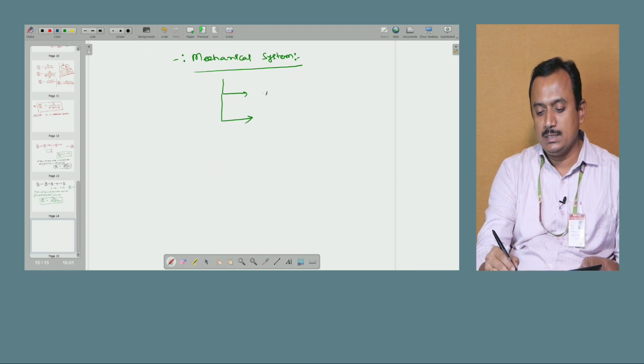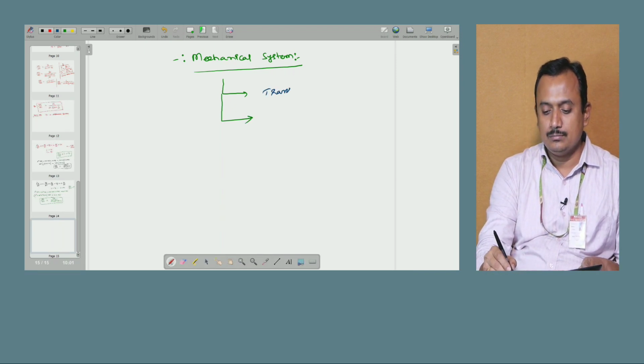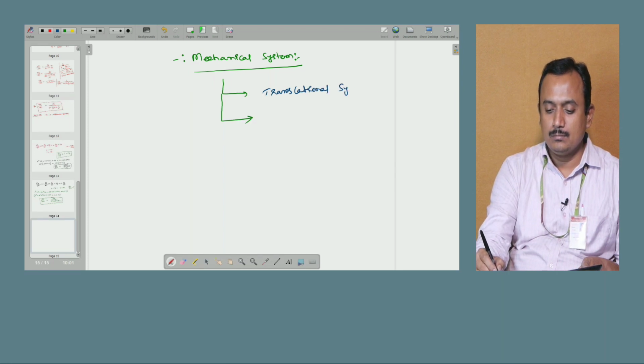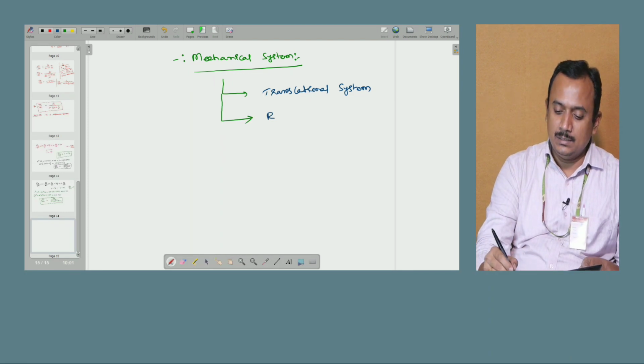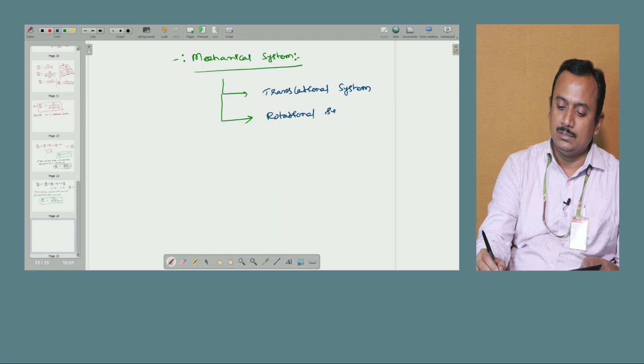One is translational system, and second one is a rotational system.